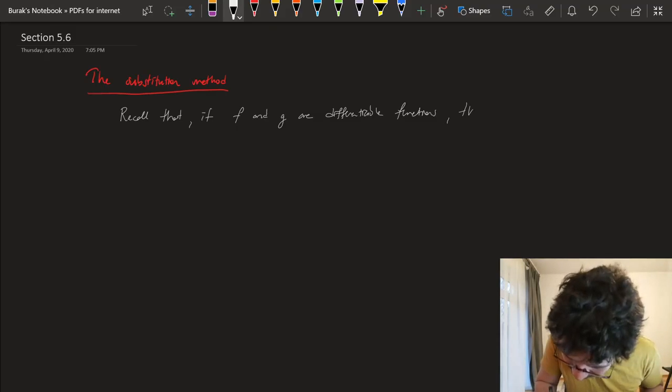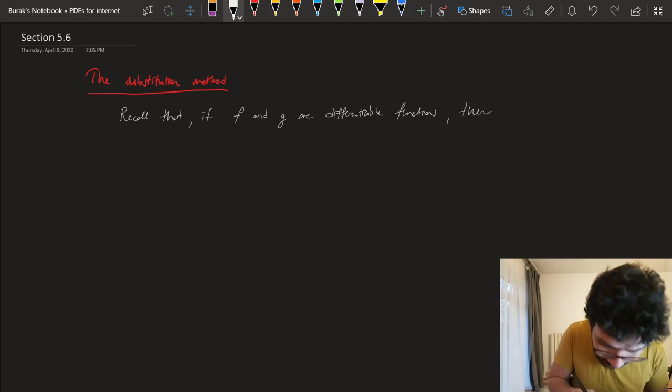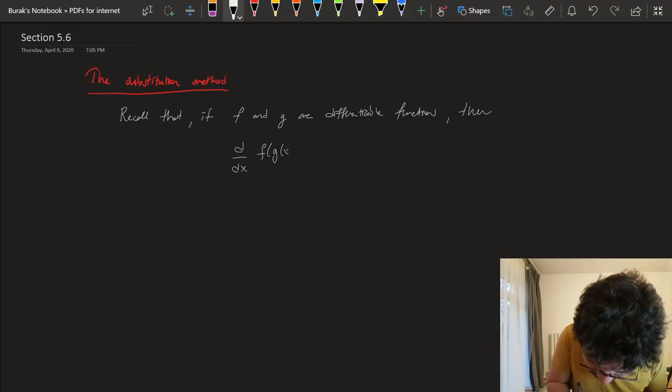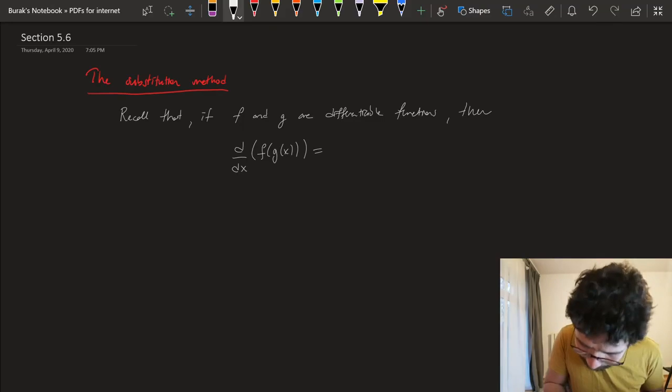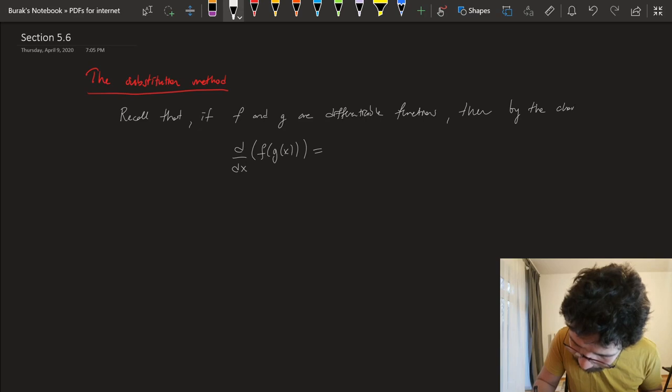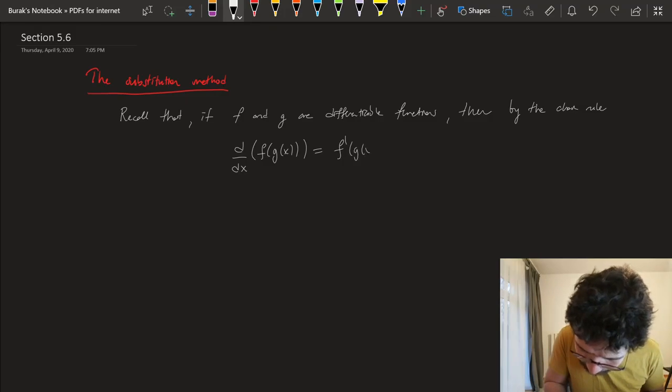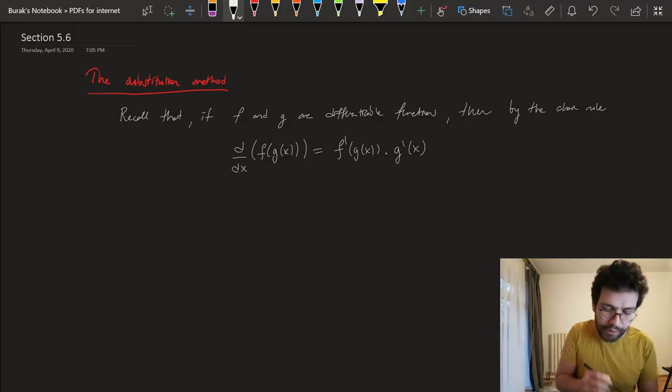Now remember the chain rule. The chain rule tells us that the derivative of f composition g is given by f prime of g of x times the derivative of the inside, g prime of x.